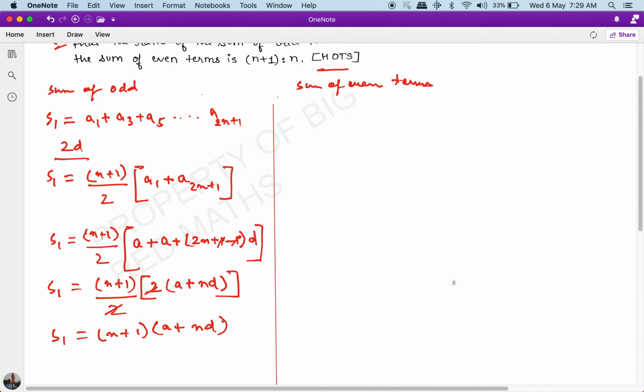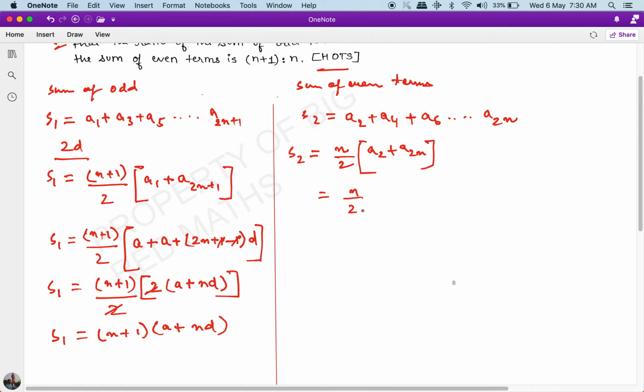Okay, one part of the question. The second part of the question is the sum of even terms. So S2 is equal to A2 plus A4 plus A6 and so on till A of 2n. Now S2 will be equal to n by 2 multiplied by A2 plus A of 2n.